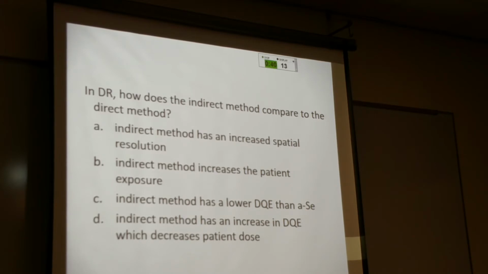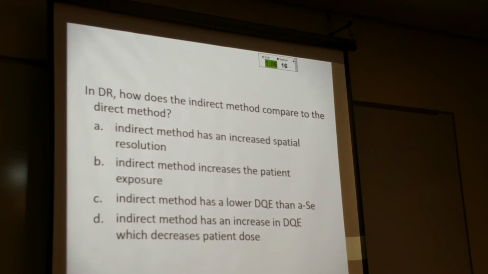Okay, and just to review, the indirect method is where X-rays hit the cesium iodide, it converts to light, and then the light is converted to electrons. The direct method is where X-rays interact with the selenium and just release electrons to make up the image. So we skip that light part in the direct method.